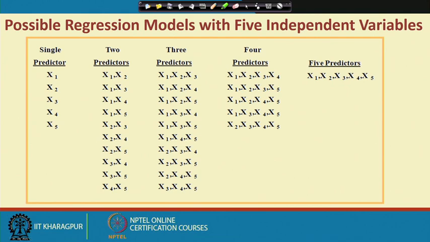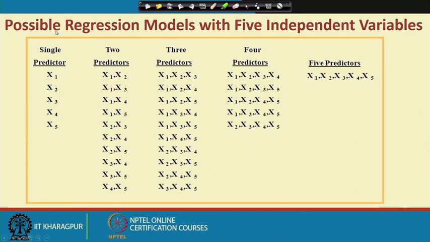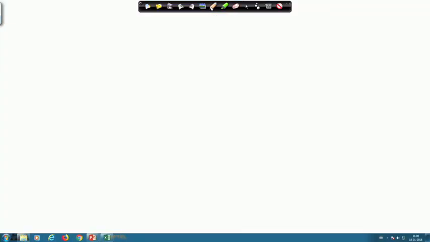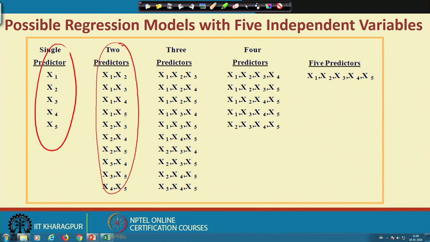These options are the case with a single predictor, with 2 predictors, with 3 predictors, 4 predictors and 5 predictors.